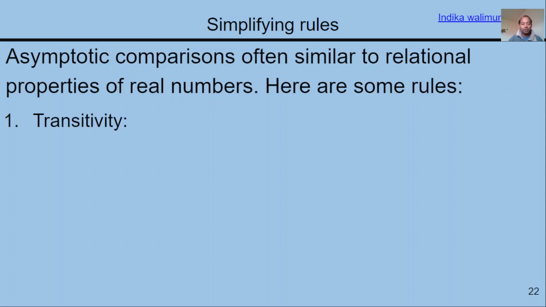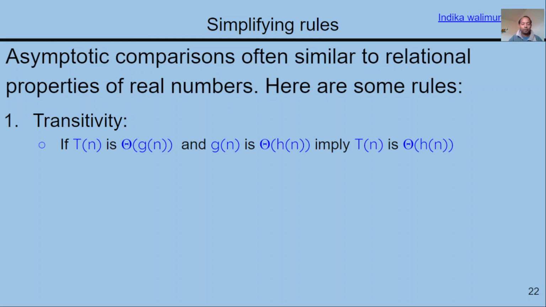Okay, so if Tn is big theta of Gn, and Gn is big theta of Hn, that basically implies Tn is big theta of Hn.